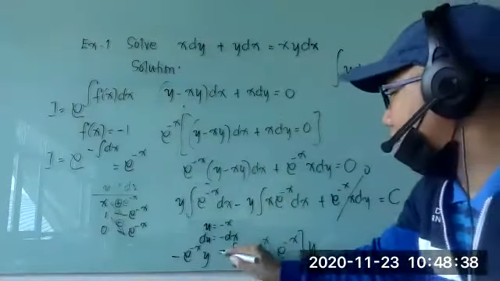We're almost there dun sa ating final answer. Ayusin muna natin. So this will be what? Minus y, minus e raised to negative x. Distribute natin to. So you have plus x times y, e raised to negative x. The negative times negative, you have plus y, e raised to minus x equal to c.